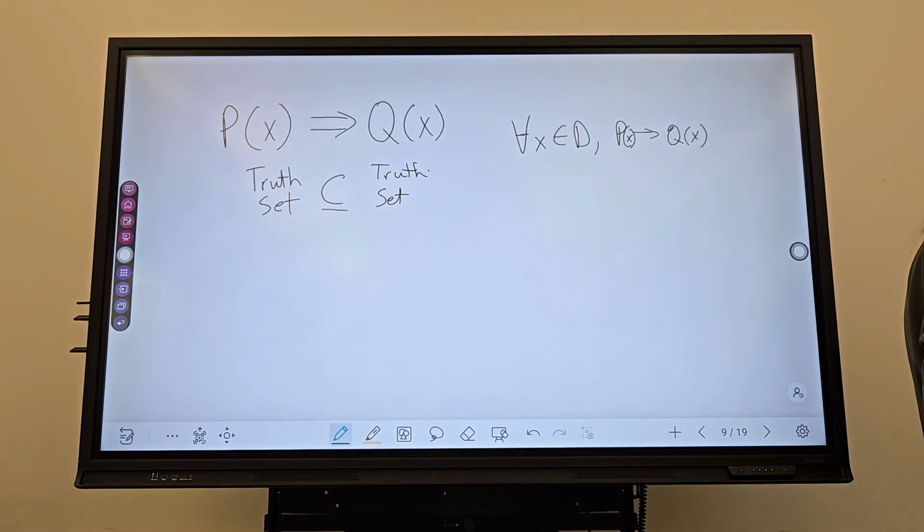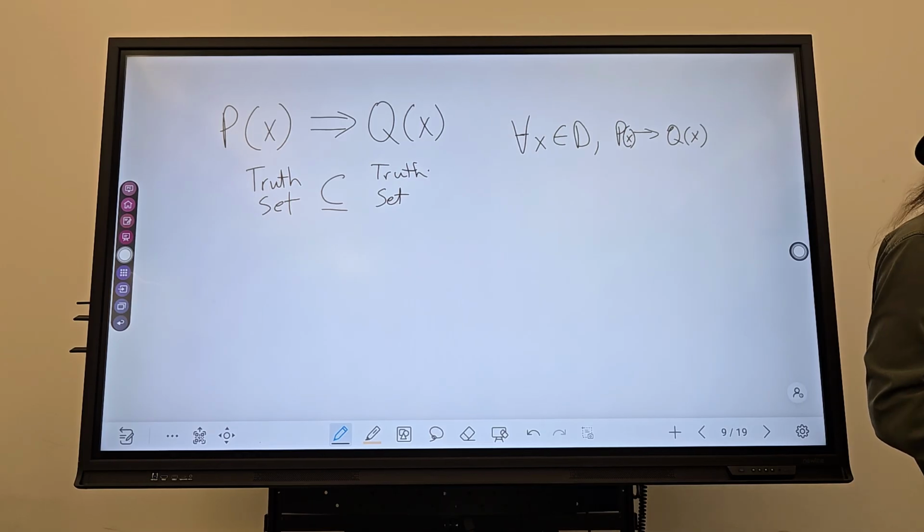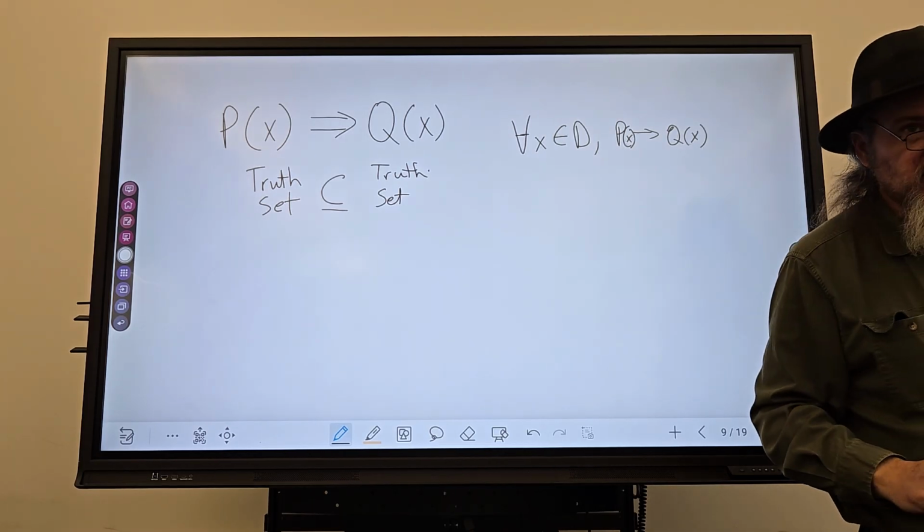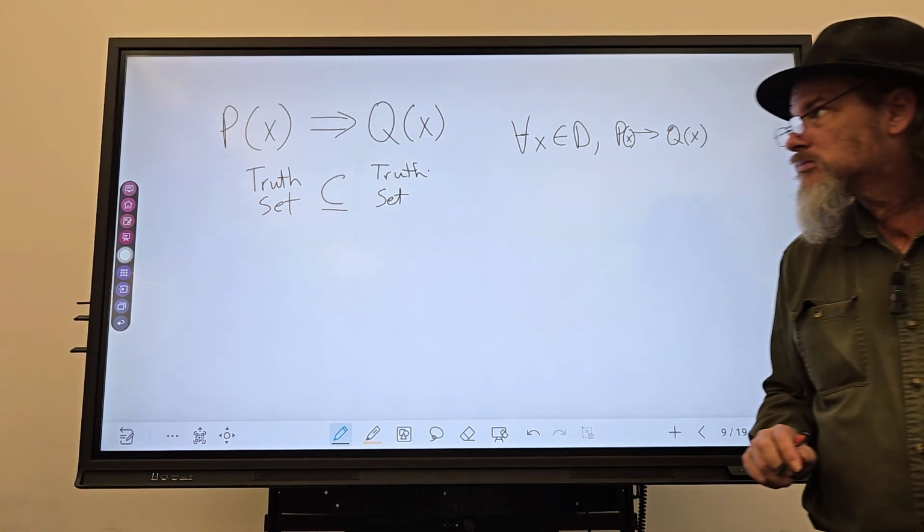But yes, it means that every element of the truth set of P of x is in the truth set of Q of x. So the truth set of P of x is a subset of the truth set of Q of x.